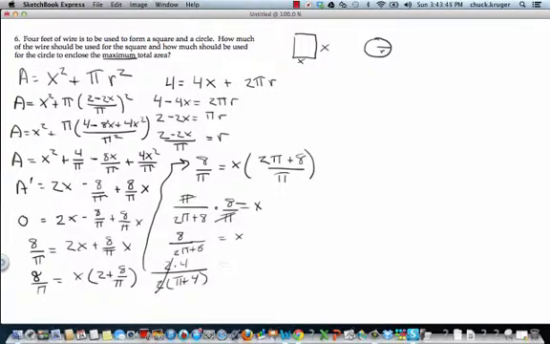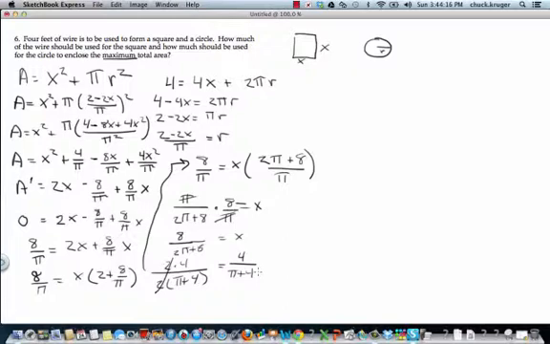Those 2s simplify, and I have 4 over pi plus 4. Let me write that again here: 4 divided by pi plus 4.